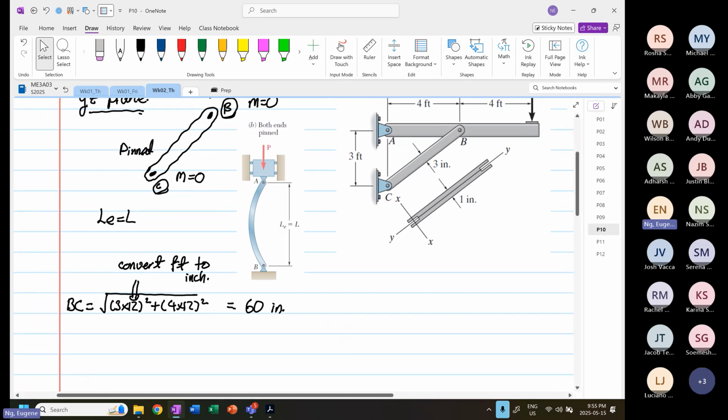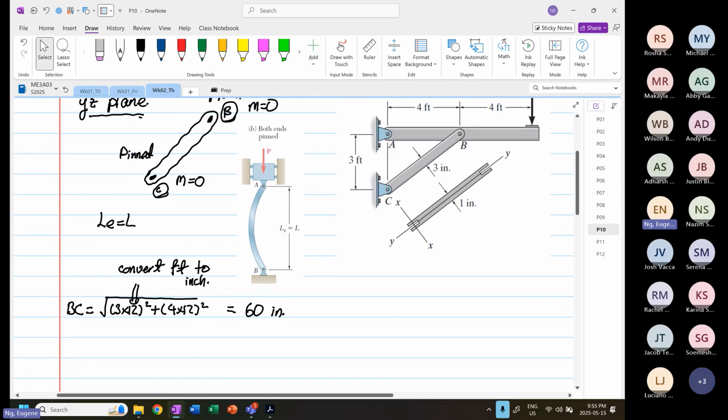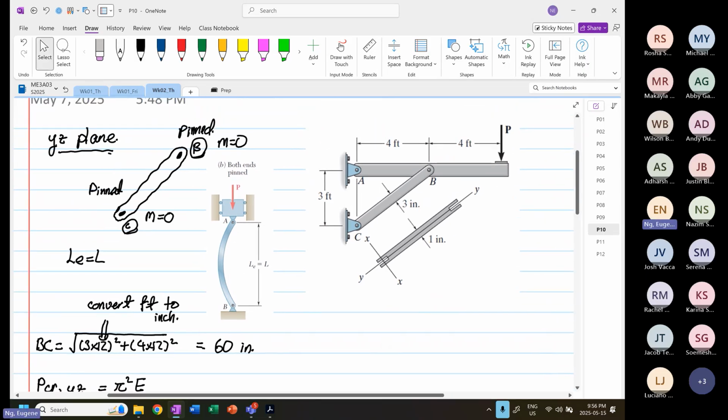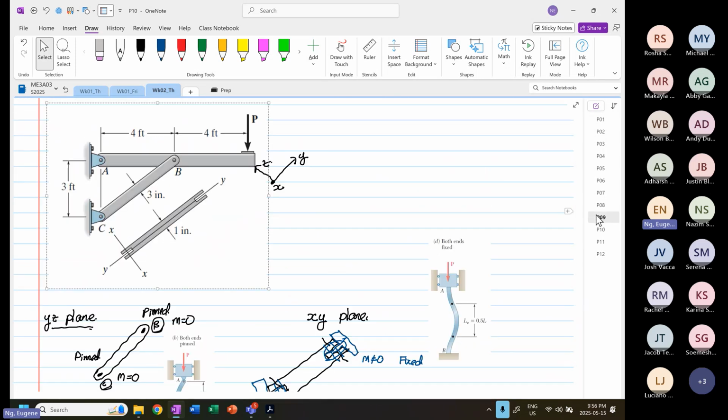So we know that when we consider the YZ plane, PCR at the YZ plane is equal to pi squared E Ix. Let me, I forgot my transformation. The transformation is very important.